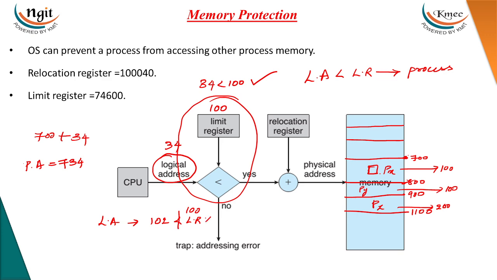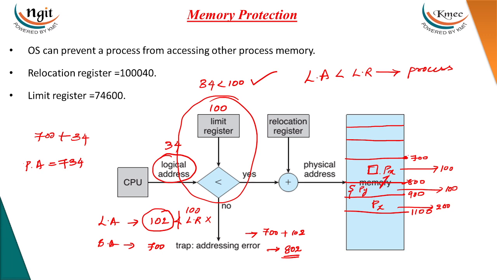If you don't check this condition, then this logical address value 102 is added to the base address, that is 700, and the memory location we get is 700 plus 102, which is 802. But 802 actually belongs to py.